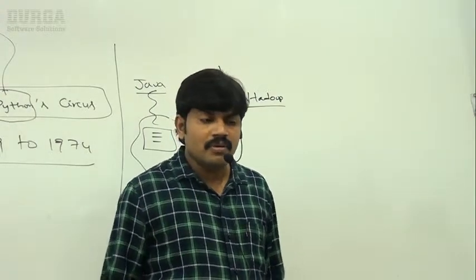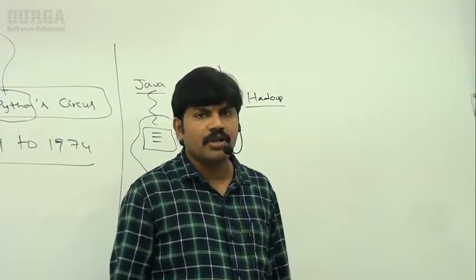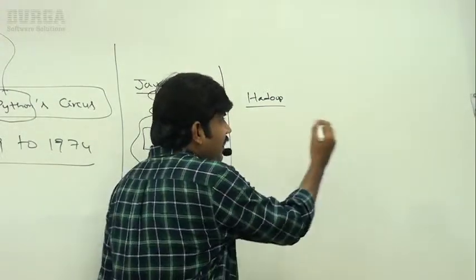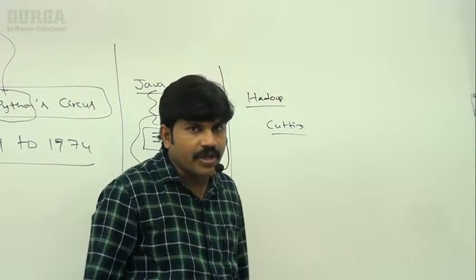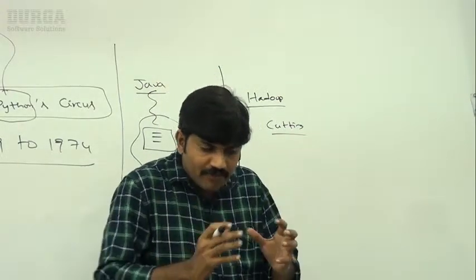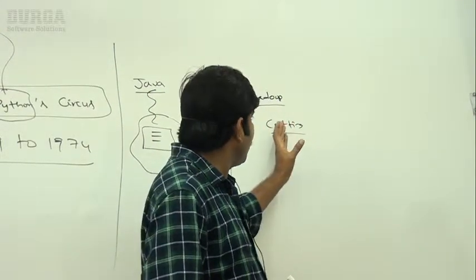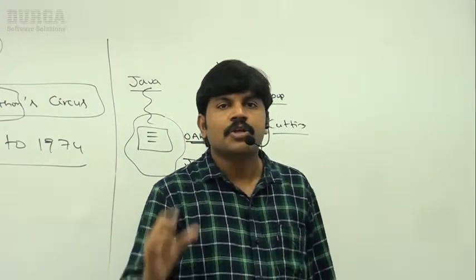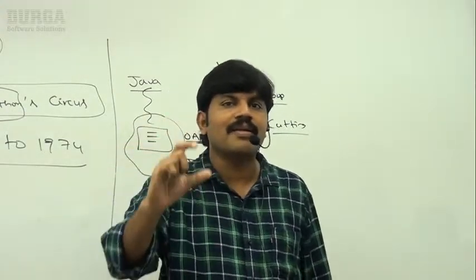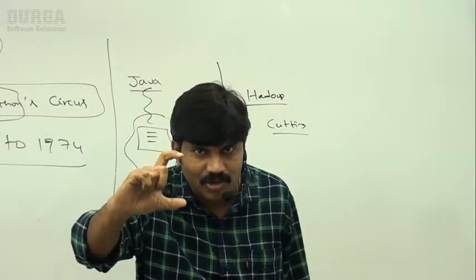They were discussing which logo to keep. Cutting and his team were analyzing which logo to choose. Whenever these people were thinking about that, suddenly Cutting's son was playing with a small yellow elephant toy.